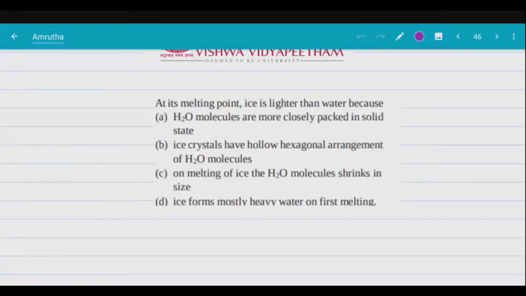At its melting point, ice is lighter than water. What is the reason? I'm getting different answers here.